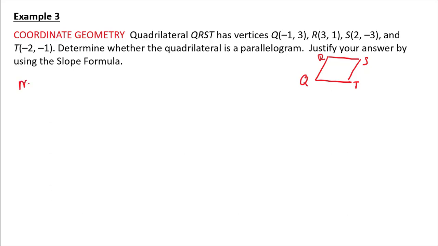If I find the slope of QR, that should be equal to the slope of ST. My slope of QR is 1 minus 3 over 3 minus a negative 1.